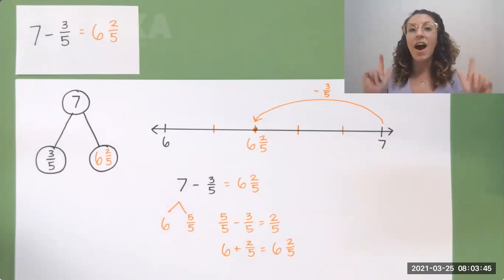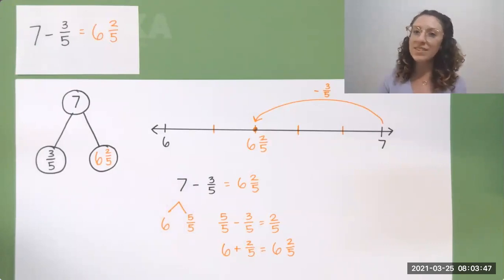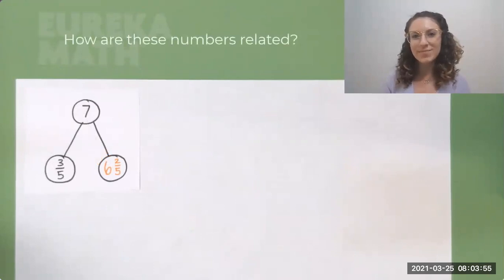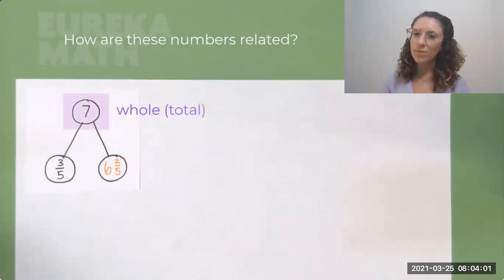You are doing amazing. Now let's focus in on the number bond. Take a moment to think and then tell me, how are these numbers related? One of them represents the whole or total, and the others represent the parts.